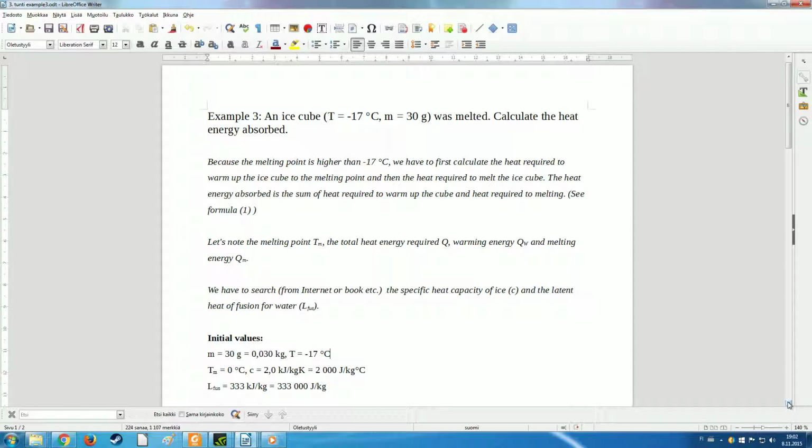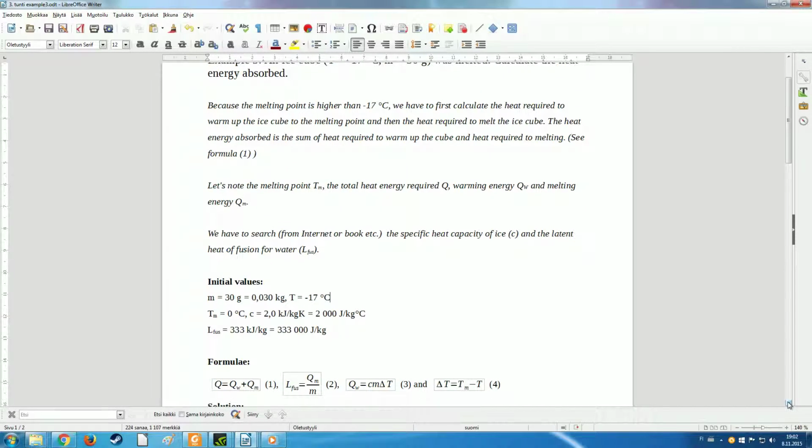Then I wrote down the formulas. The first formula is the total energy absorbed, which is the energy required to warm up the cube plus the heat required to melt the cube. Then I wrote down the equation of latent heat.